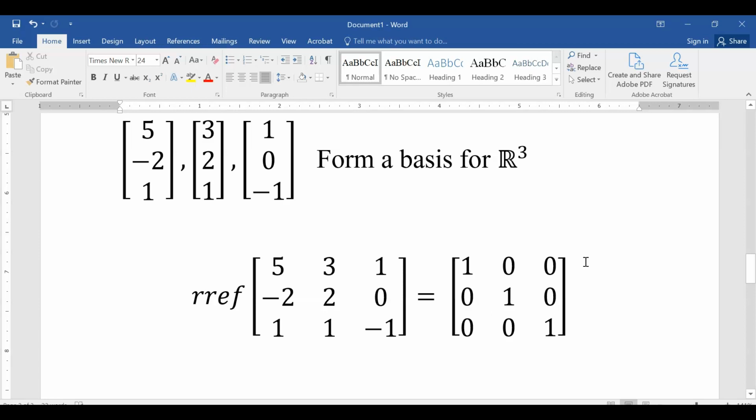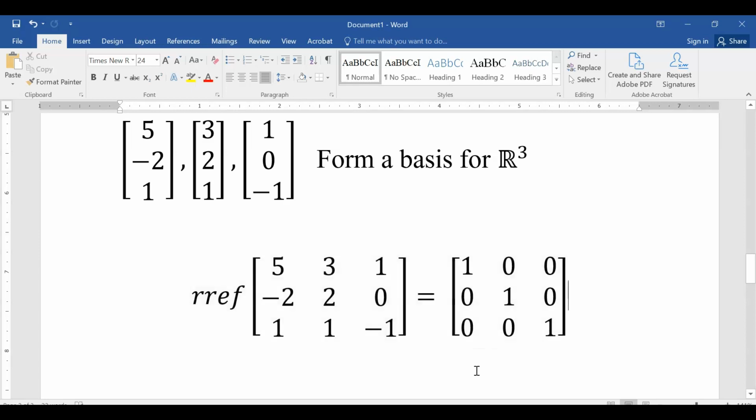In other words, if you did a linear combination of those 3 vectors, you could get any vector on the right. Again, think of solving the matrix equation Ax equals b. You can solve that for any b you want because we're going to have a pivot not only in each column, but also in each row.